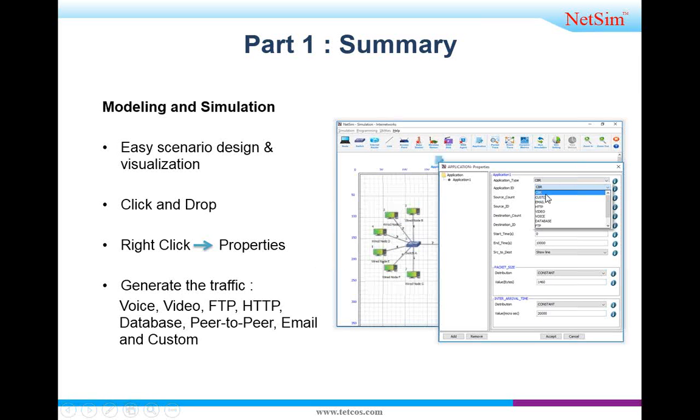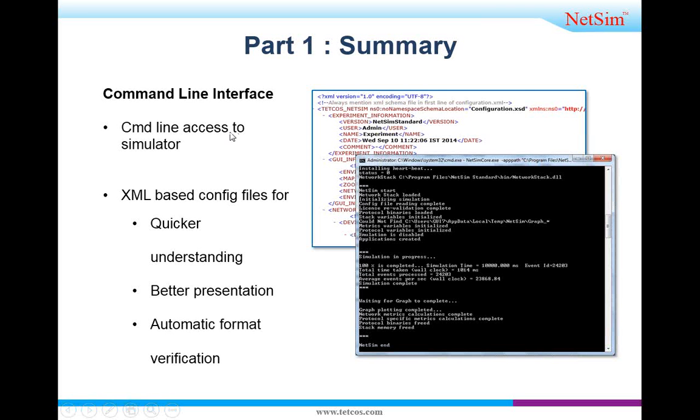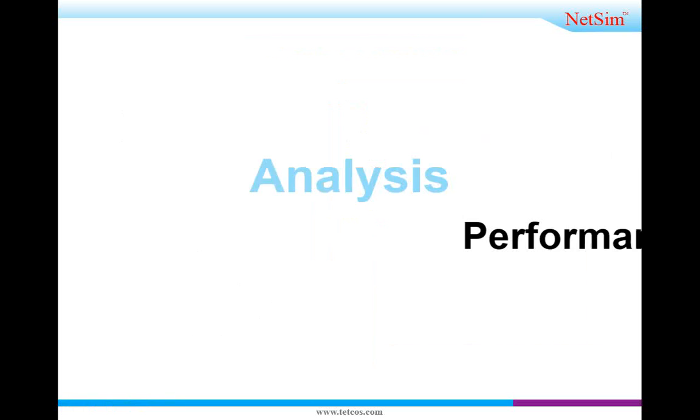Here you can see in application type CBR, custom, email, HTTP, these kinds of traffic can be generated on this node. Okay. So this command line interface is there. Like I've told you that it can be started on CLI mode or XML mode, but we choose to do it through GUI as it is very easy and has better presentation, which creates the XML based configuration files.